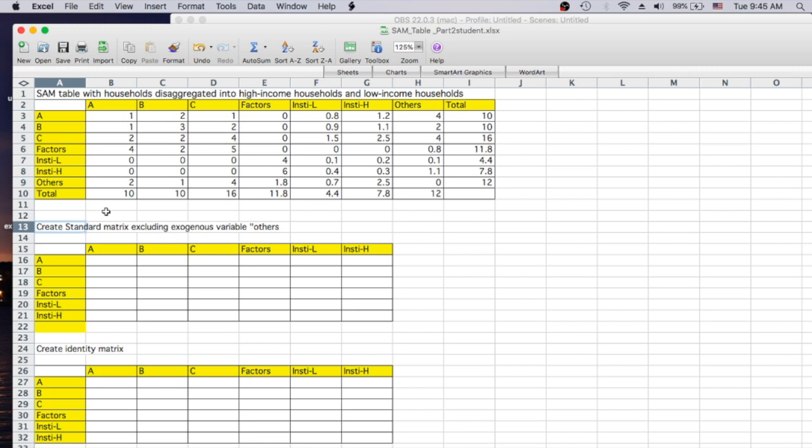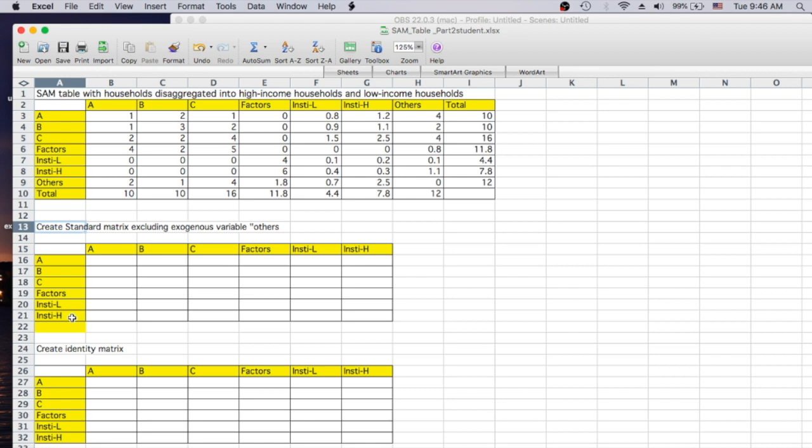So when we create this standardized matrix, we will be removing the others category. So we'll only keep A through C and factors, low income households, and higher income households here. So you have 6 attributes in total, and we're going to create a 6 by 6 matrix.